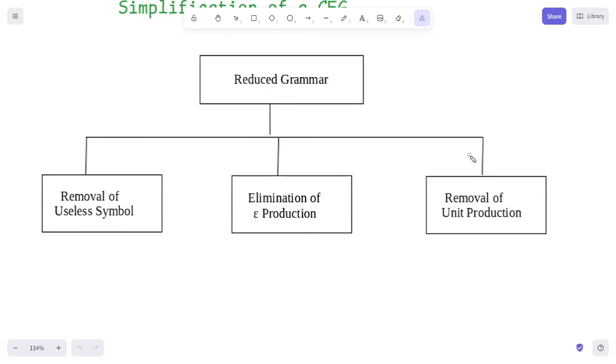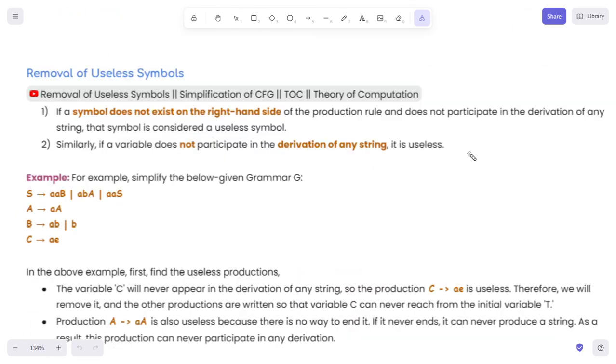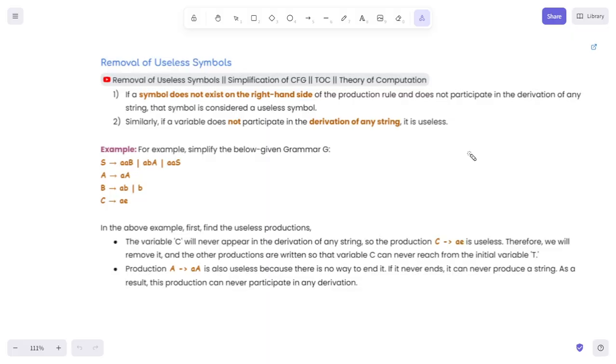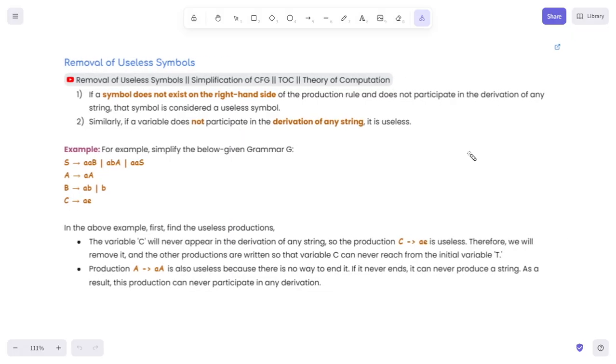So let's go to the first type, which is removal of useless symbols. Now, what actually are useless symbols? If you see in this example, there are four rules given, and in these four rules, this capital C is never used on the right hand side of any production.